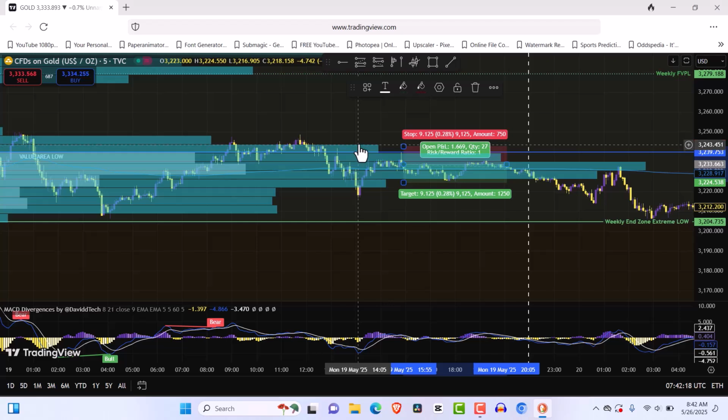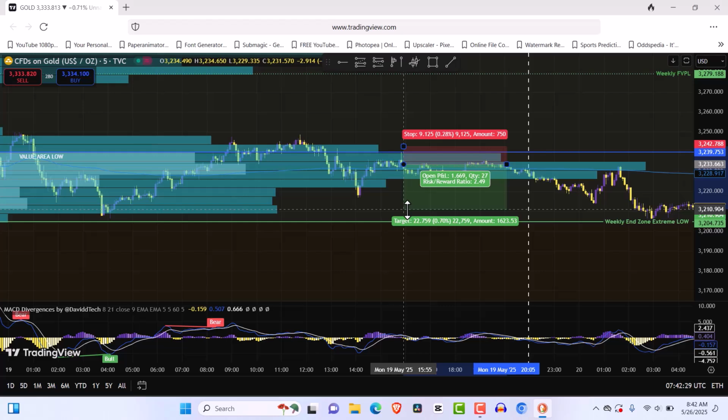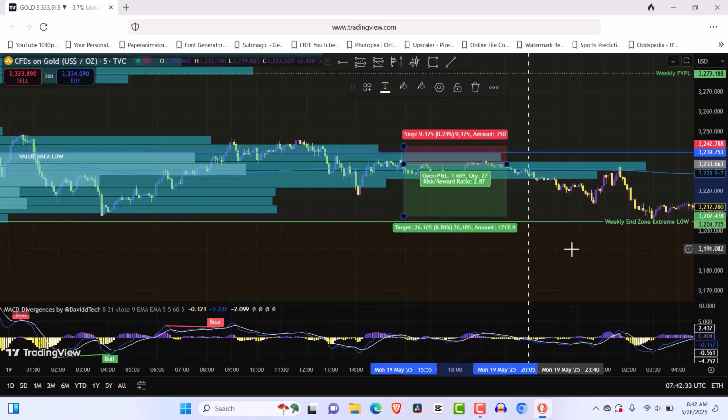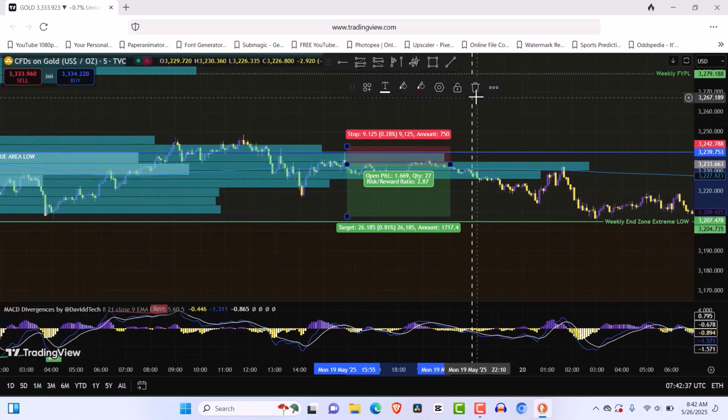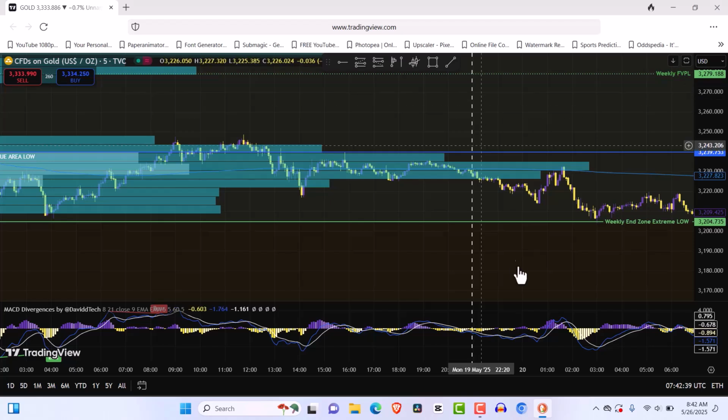I like to put it, as you can see, these are two parts. Usually I don't set a stop loss, but I just monitor if it breaks above this high, I'm out manually. But then you just target the weekly zone low, so 2 trades and 2-1 trade for that day. We move on to Tuesday.